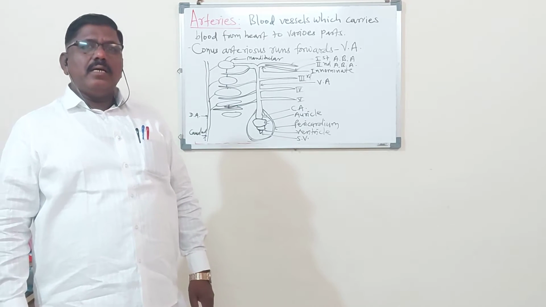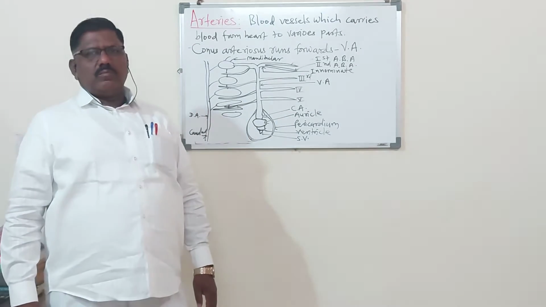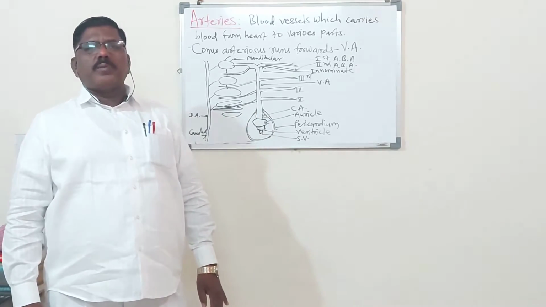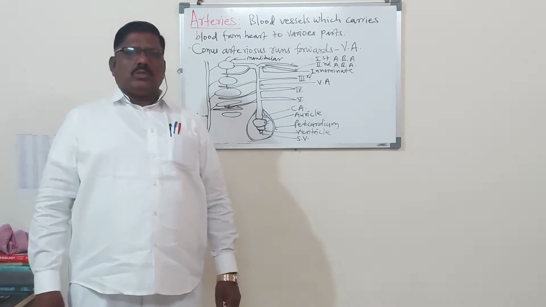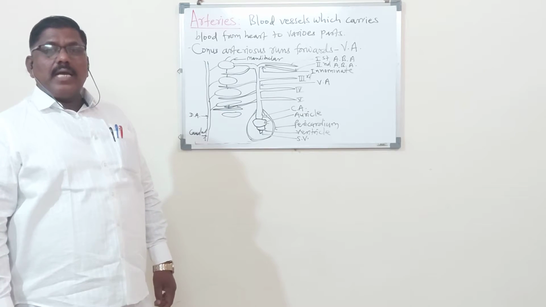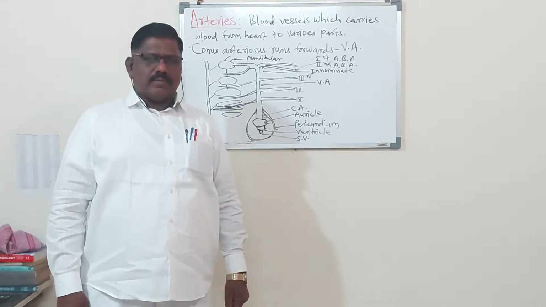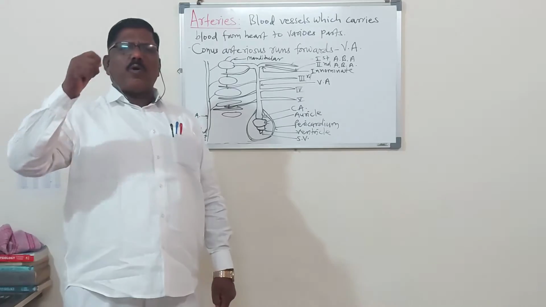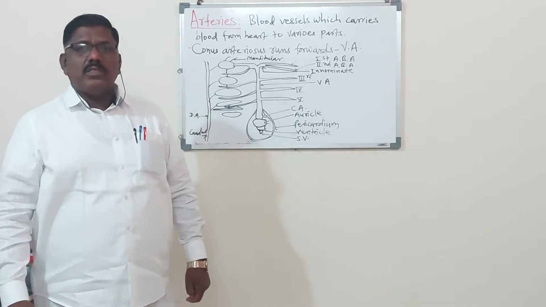So remember, generally arteries carry the pure blood from heart to the different parts of the body, to the different organs, to the different tissues, up to the cells. Because cell is in the need of oxygen for the respiration. Each and every cell is in the need of oxygen. Each and every cell is in the need of nutrition.